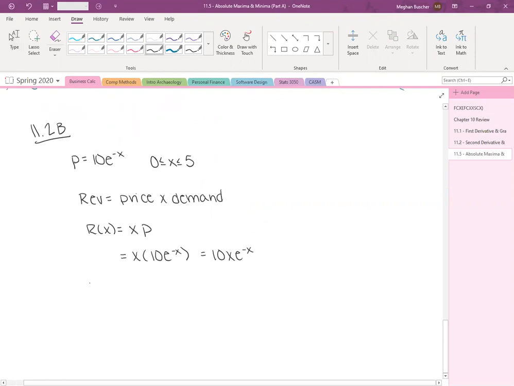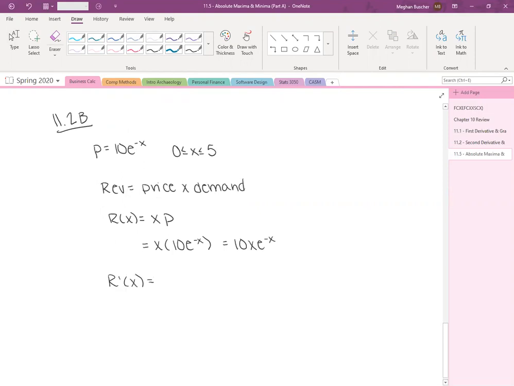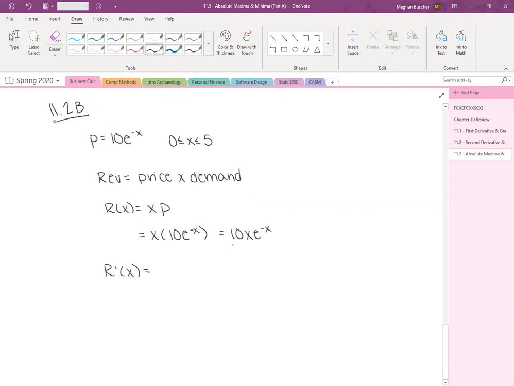So to find critical points, we need our derivative. What are we going to use to find the derivative of this function? You can kind of already see over here based on how we created it. Which rule are we going to use? Was it the power rule?